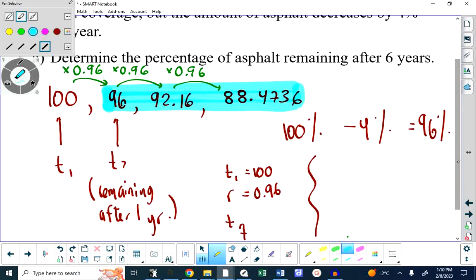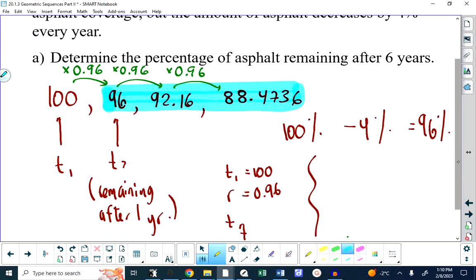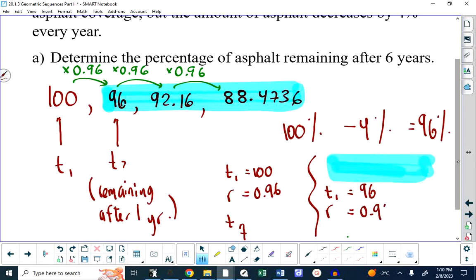Yes, David? Of course. I'm just going to explain it by saying if we look at those terms, then T1 is 96%. The common ratio is still 0.96, and I'm going to be after the 6th term because I've set it up so the first term is how much is left after 1 year, the second term is how much is left after 2 years.